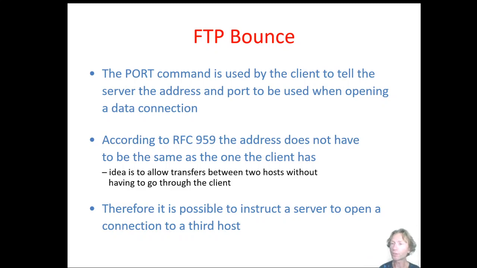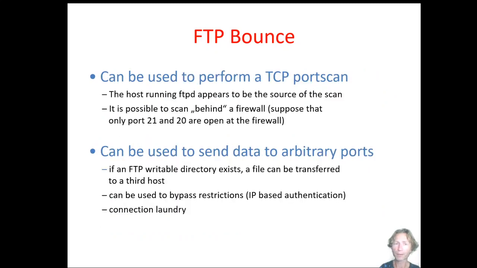Now what you can do is connect to the FTP server and then let the FTP server set up connections to other machines and different port numbers for you. Okay? This you can use to perform a port scan. So you can probe behind the firewall.